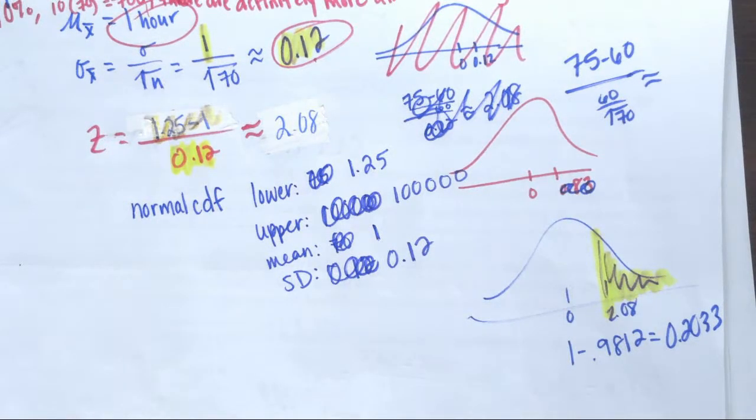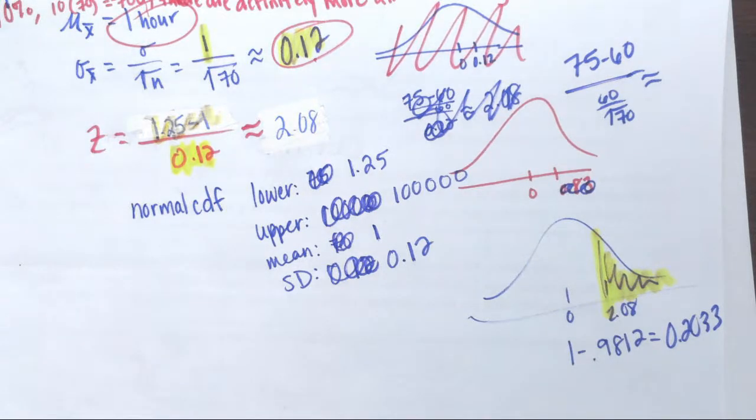That gets me 0.018. Do it again, with the lower 1.25, upper a bunch of zeros, mean 1, standard deviation 0.12. 0.18. Okay, cool. I'm cool with that.